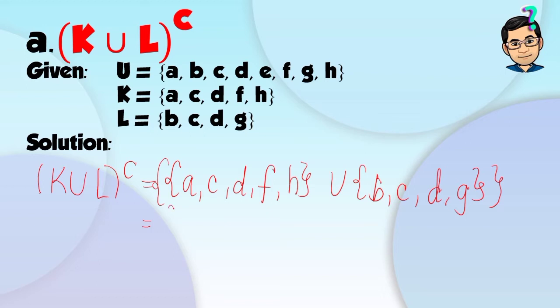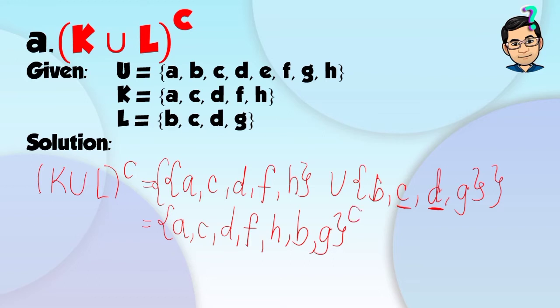So we have A, C, D, F, H, B, tsaka G. So may mga common elements sila, yun yung set element C and D.